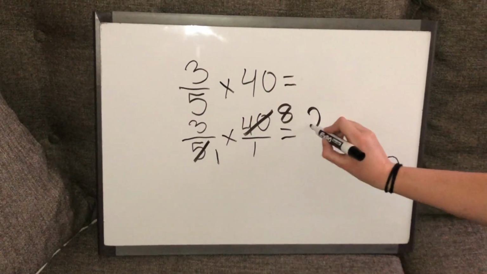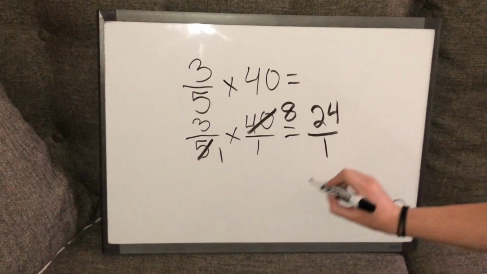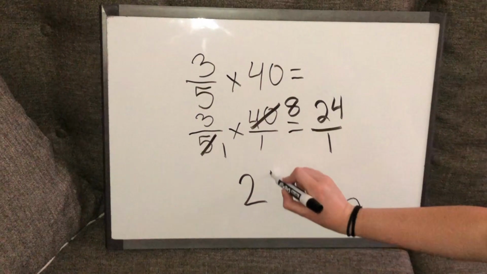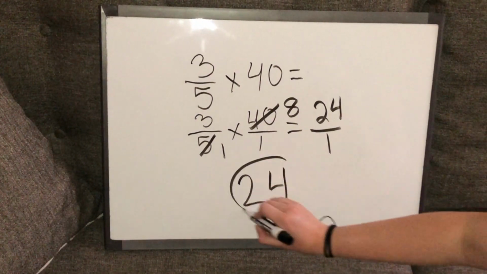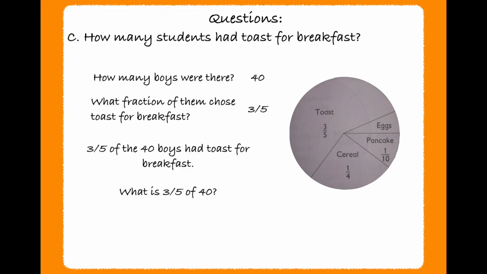Multiply it out. 3 times 8 is 24. 1 times 1 is 1. We can rewrite this as 24. 24 of the boys had toast for breakfast.